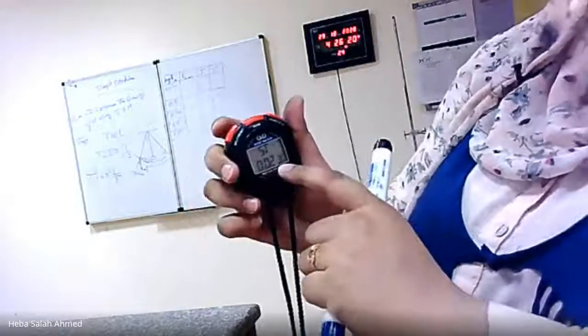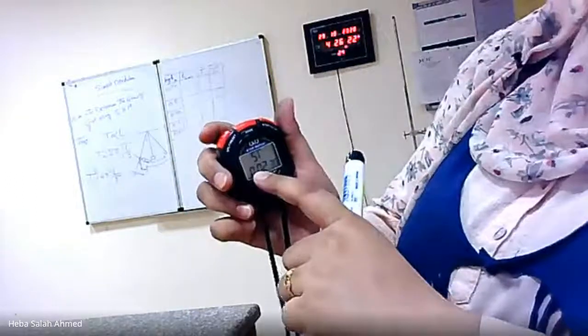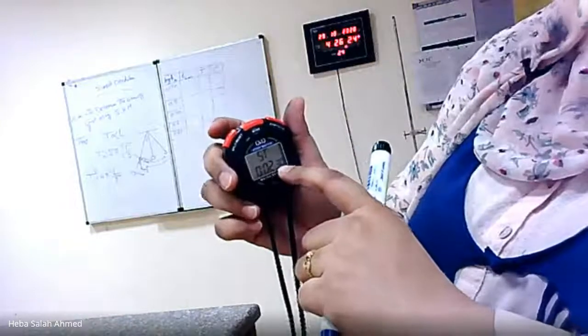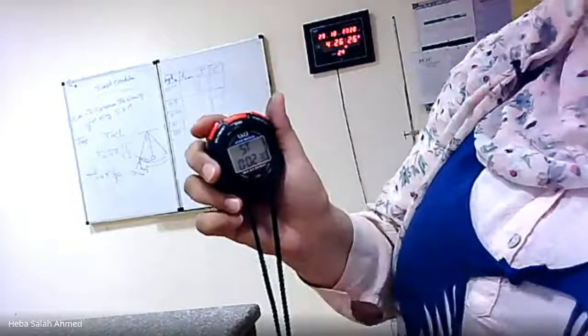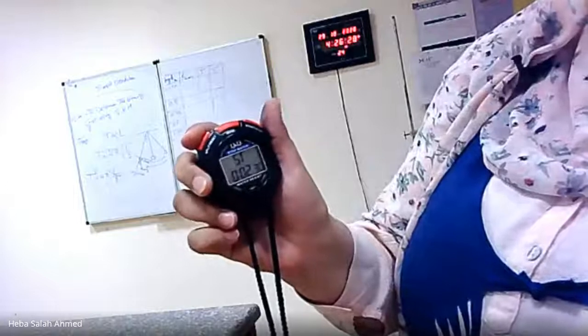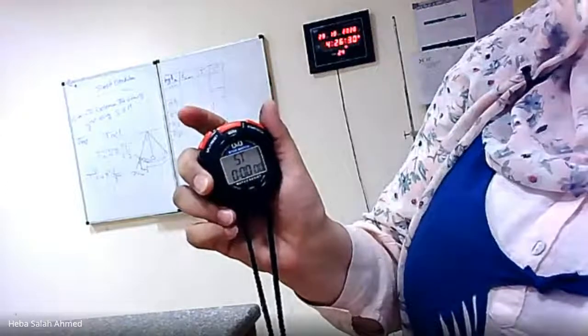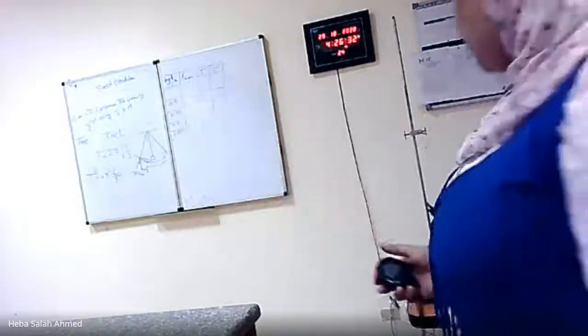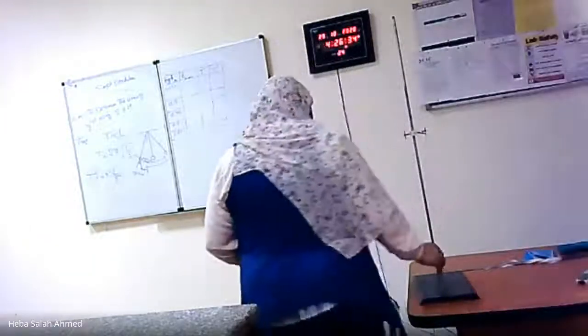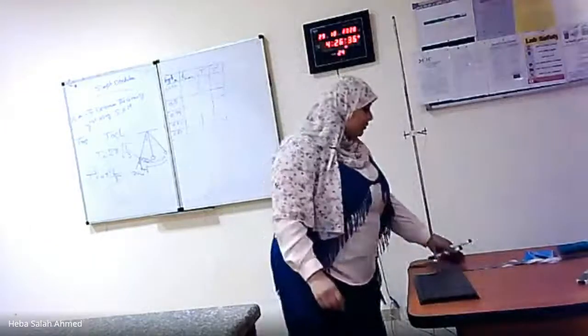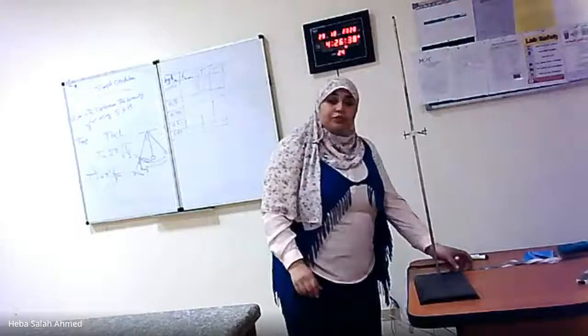There's no zero placed because this represents hours, this represents minutes, and this represents seconds. If you want to reset the stopwatch, you just press reset. Okay? So first of all, we're going to measure the length.